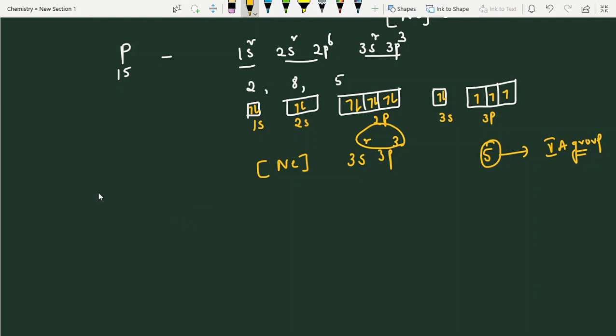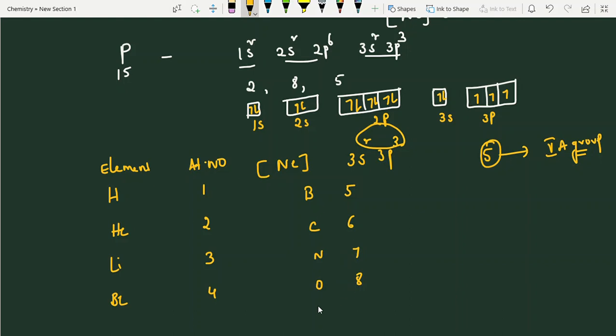Students, let's list out the atomic numbers first. Hydrogen, what is the atomic number? This is the element, this is the atomic number: 1. Helium 2, lithium 3, beryllium 4, boron 5, carbon 6, nitrogen 7, oxygen 8, fluorine 9.